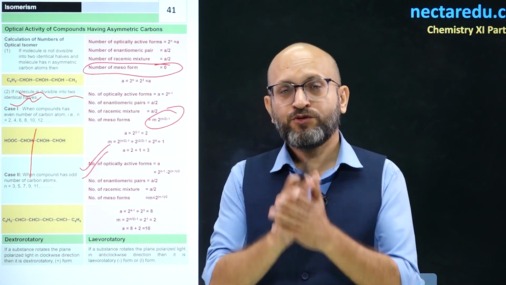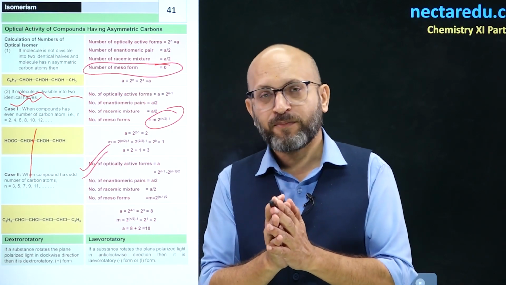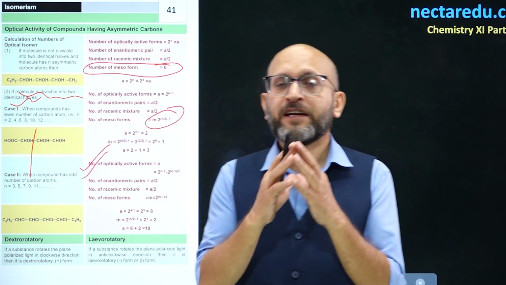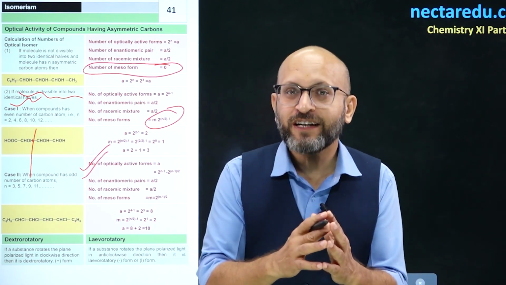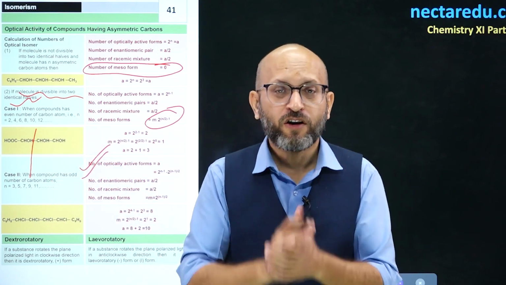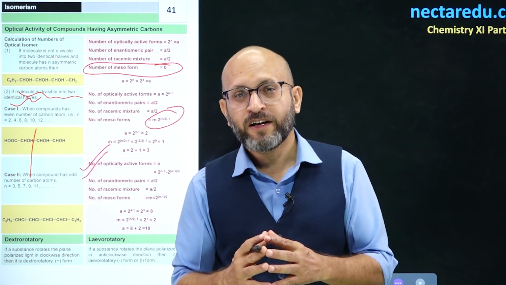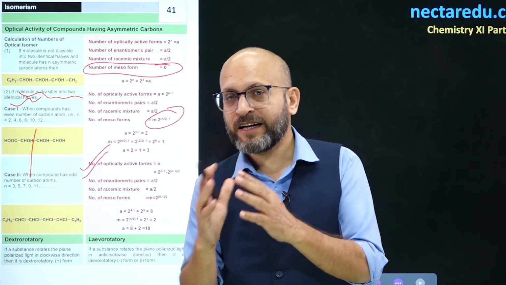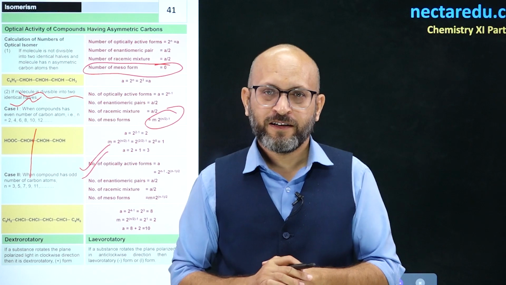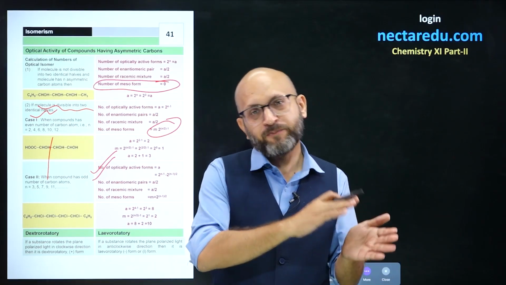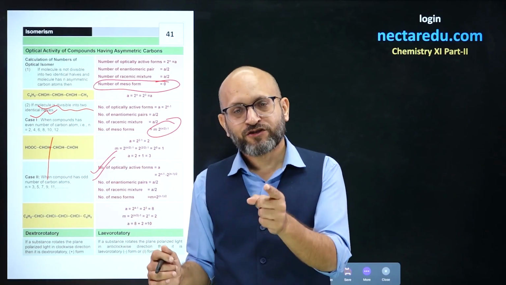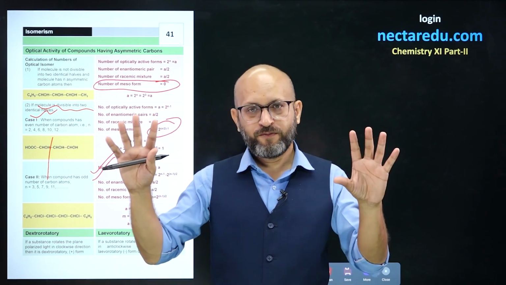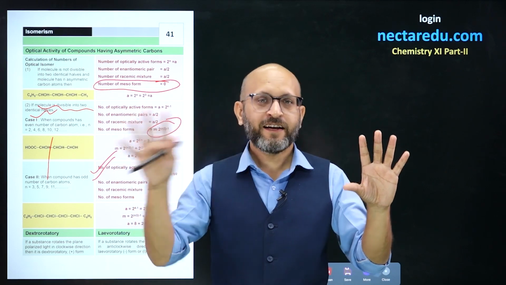Now we have two categories of optically active compounds. Either the compound will be dextrorotatory, meaning the plane polarized light is rotated towards the right, or the compound will be levorotatory, meaning the plane polarized light is rotated towards the left. These two compounds are called enantiomers.